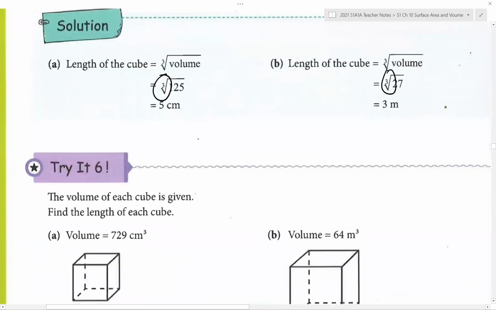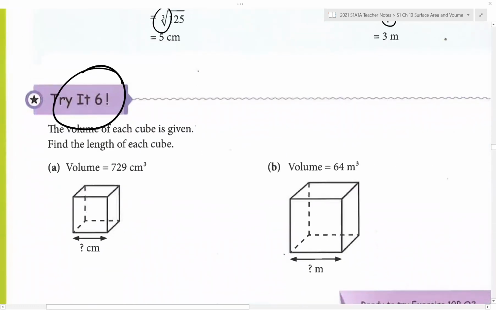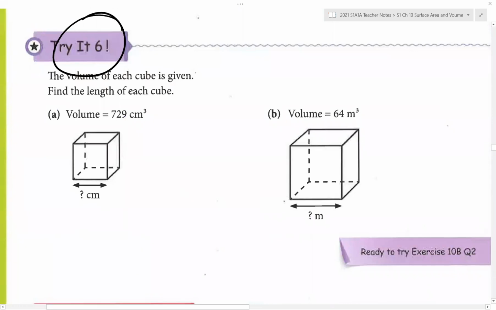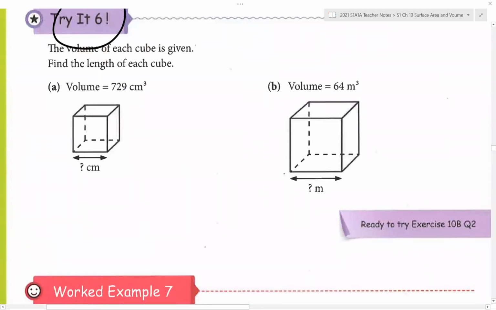So try 6 now. Find the length of each of these cubes. Part A, part B, do it now. Length, cube root 729. cm or cubic centimeters?